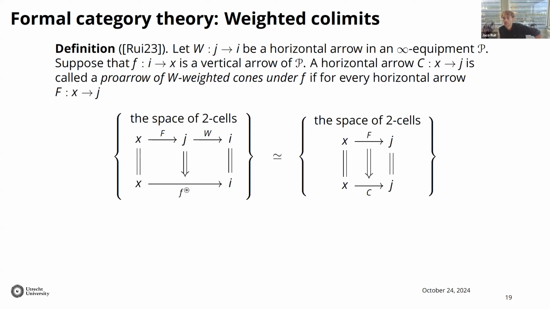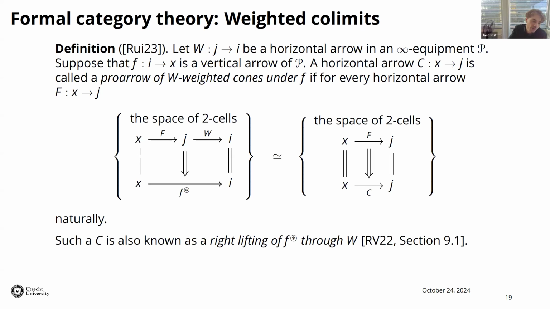This is the definition, and maybe it's a bit hard to parse, and definitely take some seconds to get used to. This equivalence should be natural in F. Maybe this definition is also not super precise, but this is essentially what it means.